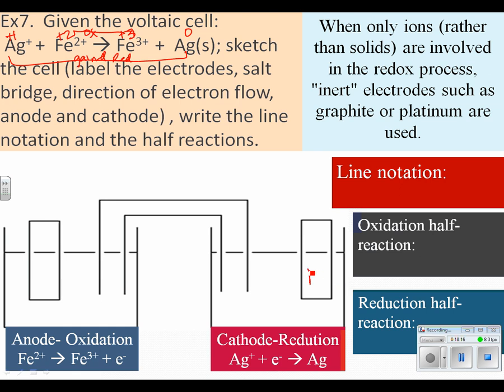Okay, so I would put my solid right here if I'm labeling my electrode. So I'd put my Ag here. Now, if I look at my anode, that oxidation reaction only occurs with ions. So this is where we would put our platinum. It's our electrode. We have our salt bridge, so we can label that as well. We can label our ions.